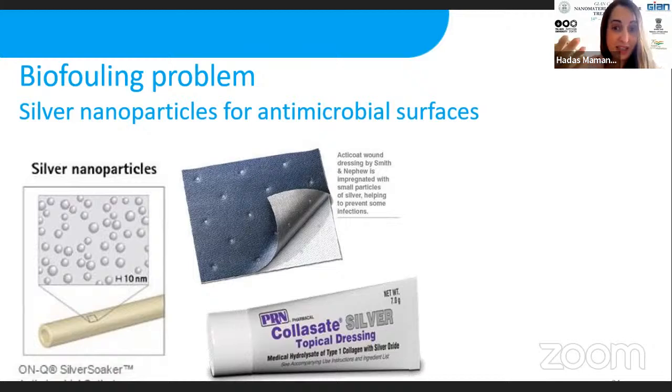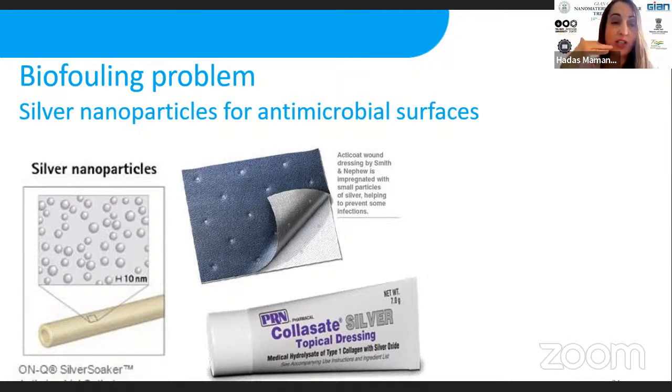So in addition to that, in water treatment systems, we can incorporate antimicrobial surfaces. We have now a project with Northwestern University in the US. We're working on antimicrobial surfaces in order to avoid attachment of microorganisms and to disinfect.